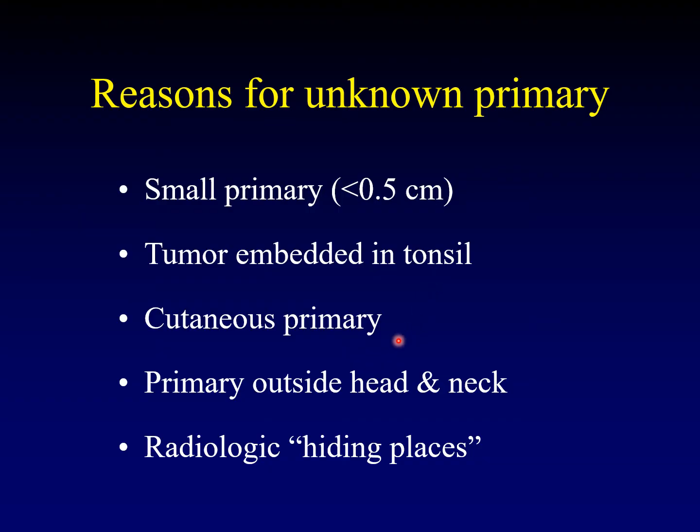Sometimes it came from a different source, like a cutaneous primary. Now that usually looks different to us histopathologically, but it's a potential area of confusion. Maybe it came from somewhere outside the head and neck. Maybe you're seeing a squamous cell carcinoma that came up from the lung, for example. And then there's the problem of radiologic hiding places, places where we need to be very careful to find these unknown primaries.